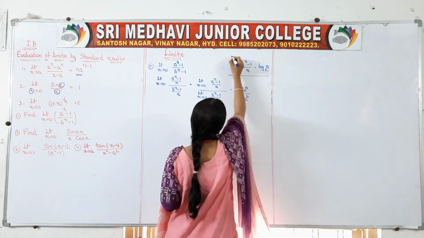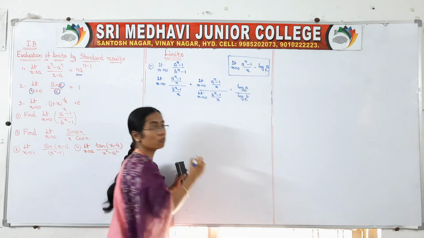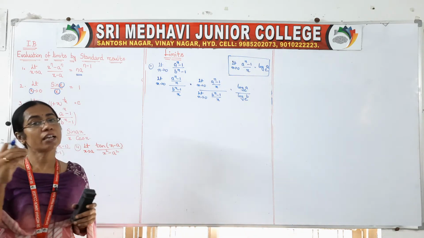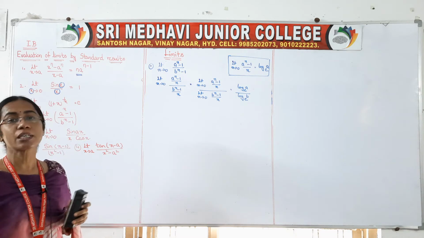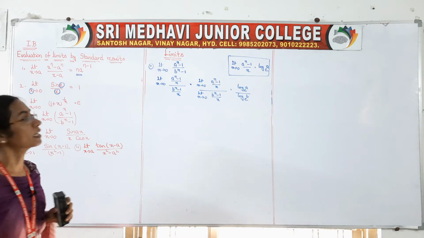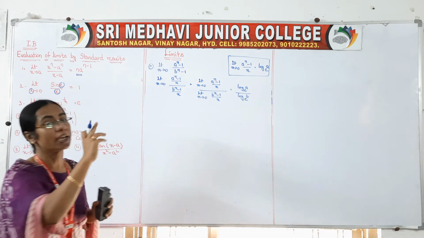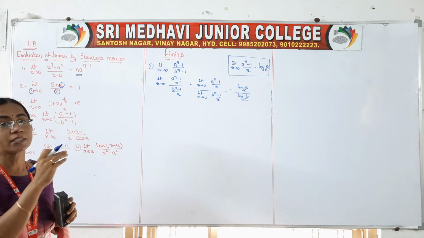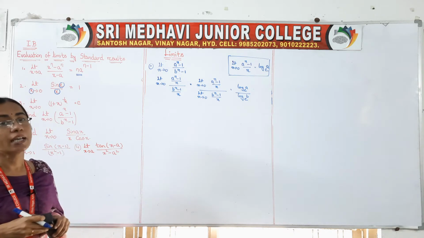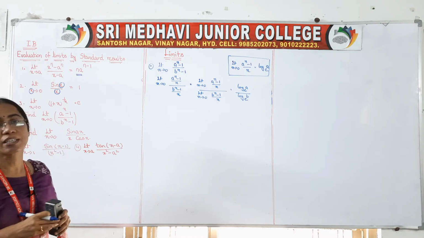That's why, what is the heading of today? It is evaluating the limits by using standard results. That is one of the standard results. What is that? Limit x tends to 0, a to the power of x minus 1 by x is equal to log a base e. That is one standard result. So by applying that result we solved this problem.